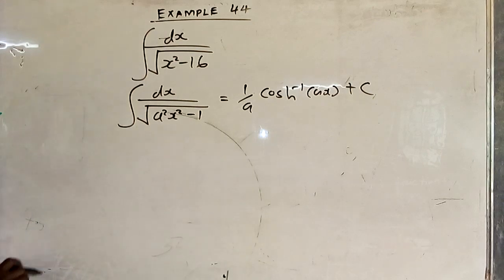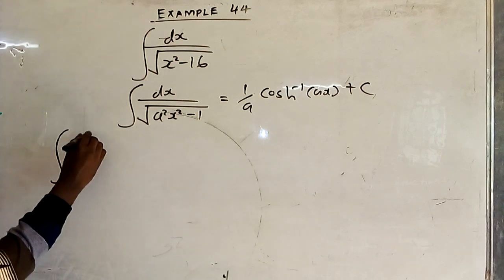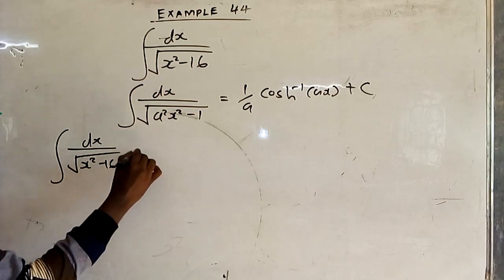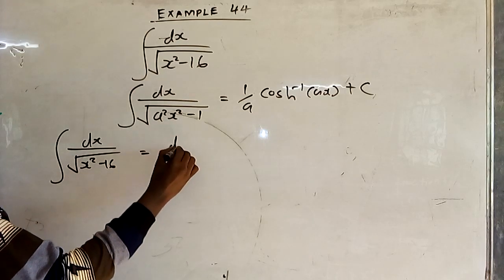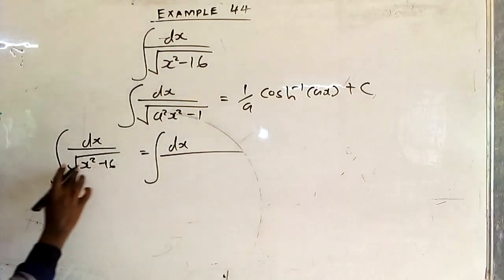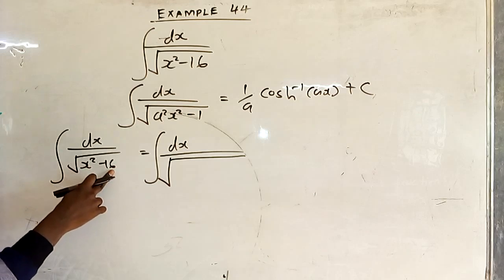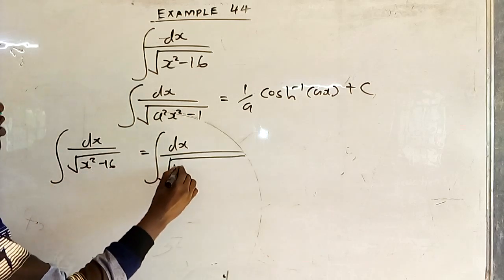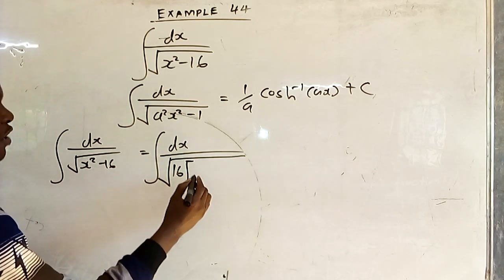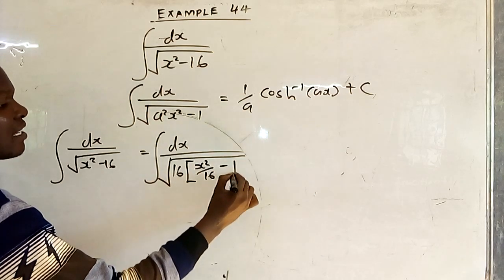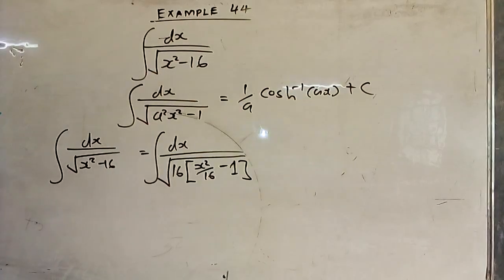So you have here the integral of x over root x squared minus 16 is equal to the integral of x over square root of, you remove 16, you take back 16 to 1, isn't it? Meaning you remove 16 outside, inside here you remain with x squared over 16 minus 1, isn't it?